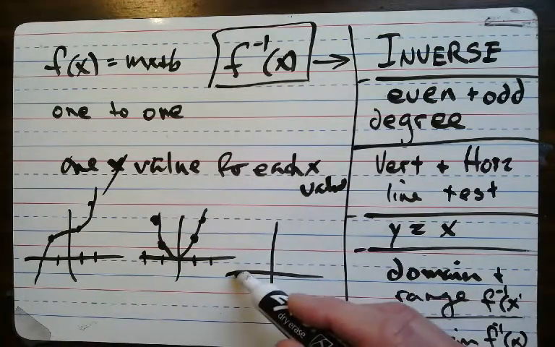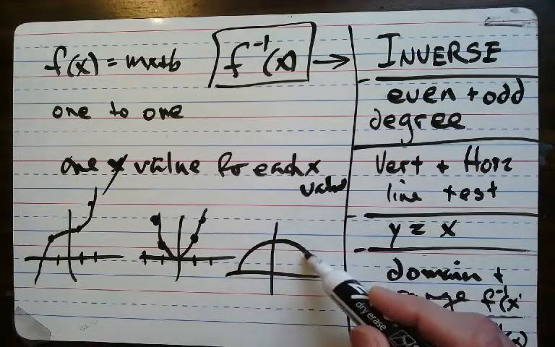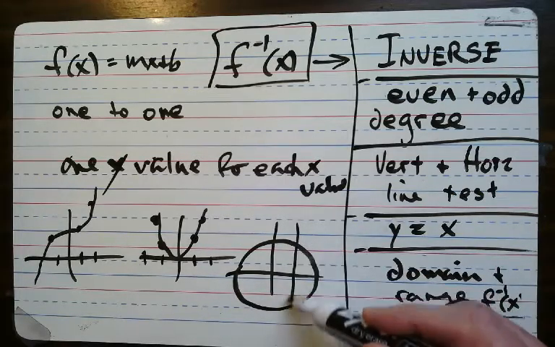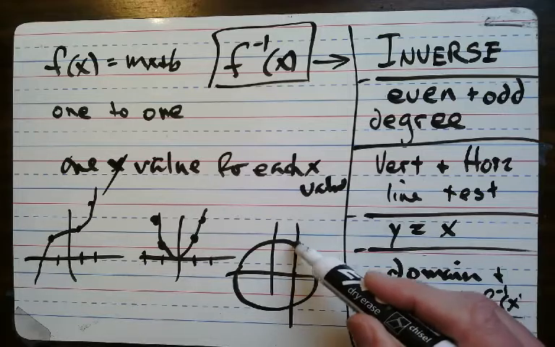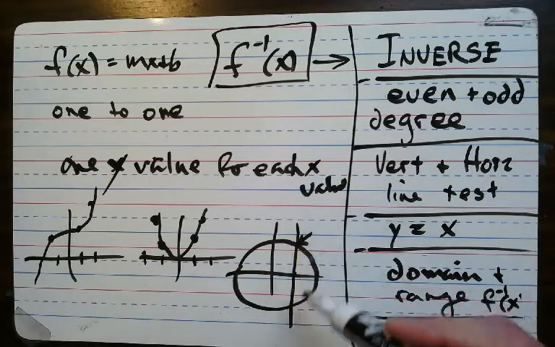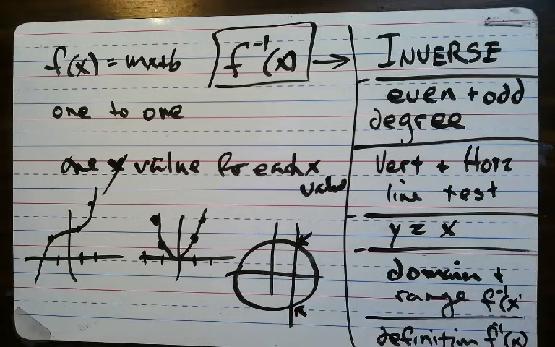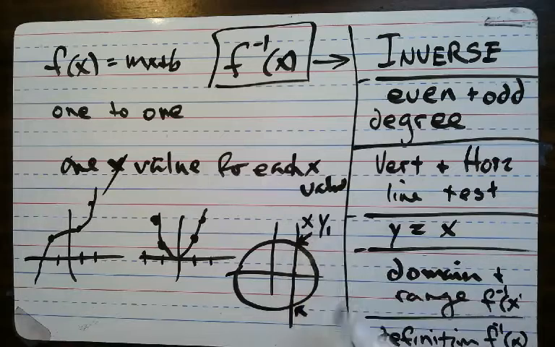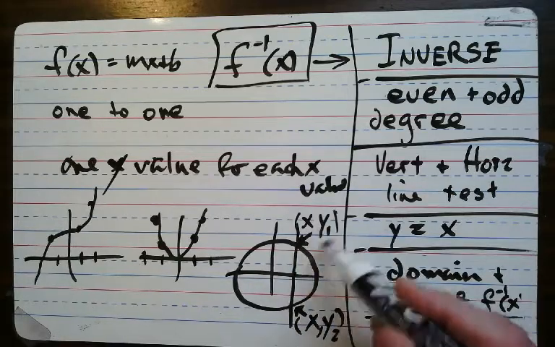And this guy right here is not a function because this x value has two y values, right? The same x has a y value up here, and it has a y value down here. So the same x has two y values.